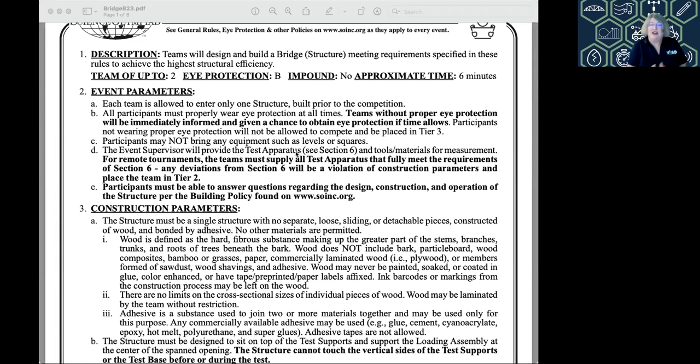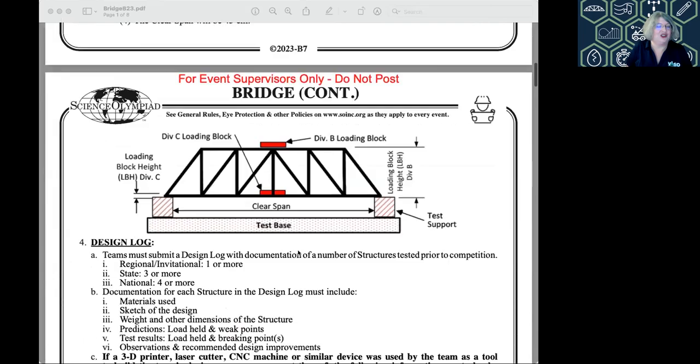The event supervisor is providing the test apparatus and the tools for measurement and all of these things. So it's important, when you look at the rules and when the students are figuring out how to make their device, that they think about what they are actually making and what the event supervisor is bringing. I'm emphasizing this because it's a surprising problem in Bridge every year. So the test apparatus here is in section 6.